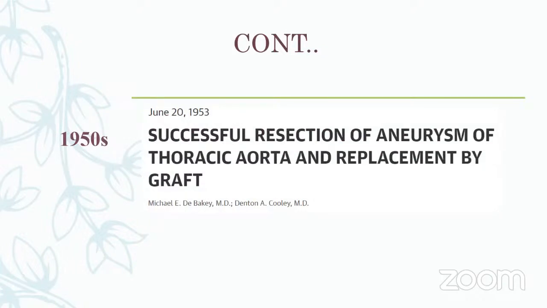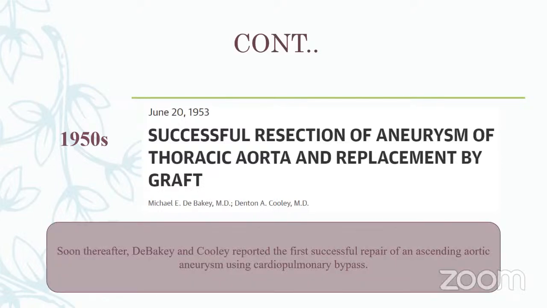The modern surgical treatment of thoracic aortic disease began in the 1950s when successful treatment utilizing segmental resection and graft replacement was first reported. Soon thereafter, DeBakey and Cooley reported the first successful repair of an ascending aortic aneurysm using cardiopulmonary bypass.